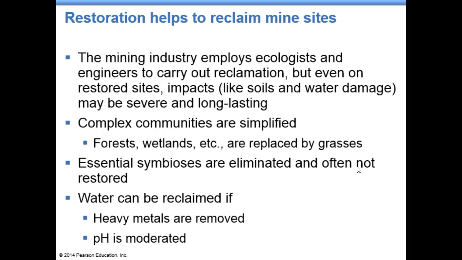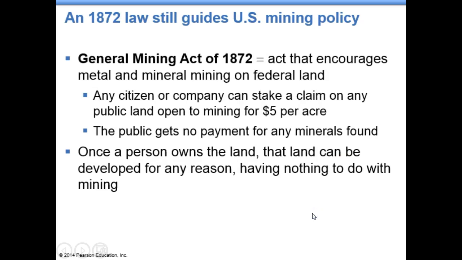Reclamation of land is a challenging and imperfect process, but we are improving our techniques, and we do need treatment that can be long-lasting. The mines in Spain from the era of the Roman Empire are still leaching acid today in the waterways. So we have to find a way to maintain that.